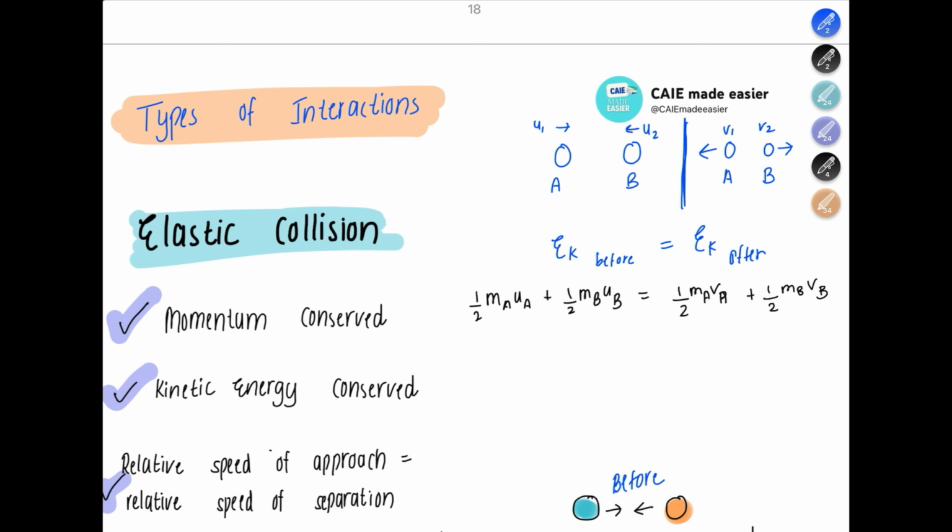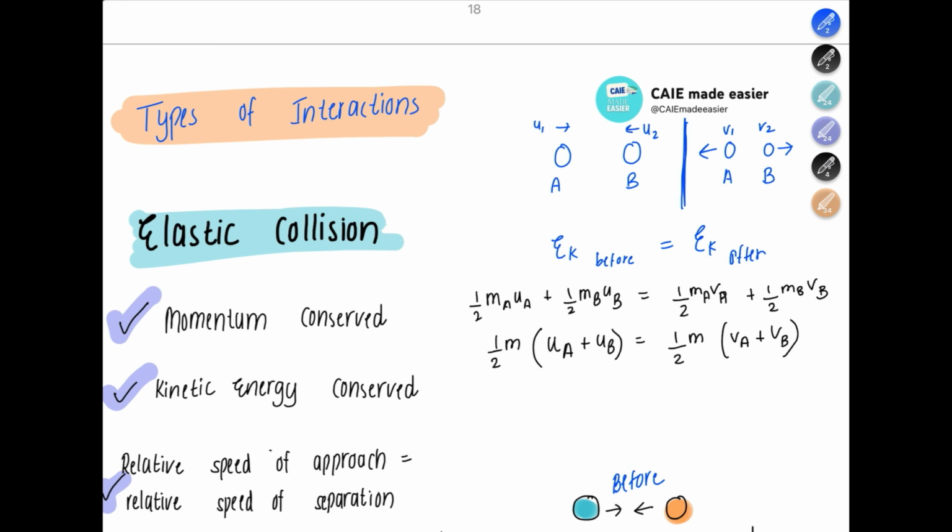Let's simplify this. Here all of these objects have the same mass, so we can cancel out the masses in all of them. We can also cancel out the half. Mathematically, you take half m outside, giving half m times u_a squared plus u_b squared equals half m times v_a squared plus v_b squared.